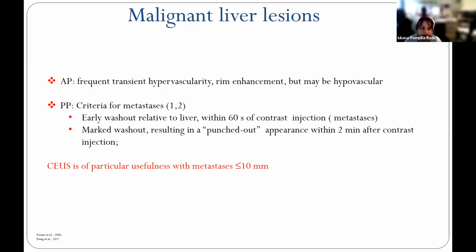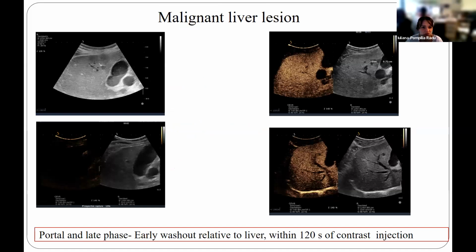It is mostly useful in metastases that are below 1 centimeter, when you know that CT and MRI don't bring much information. Okay, here is a case of a patient with pancreas carcinoma. Here we have a small lesion, you see here, and you will have an iso enhancement.